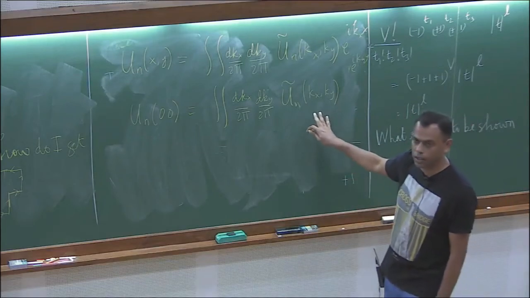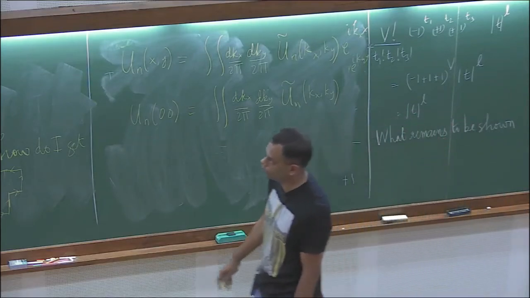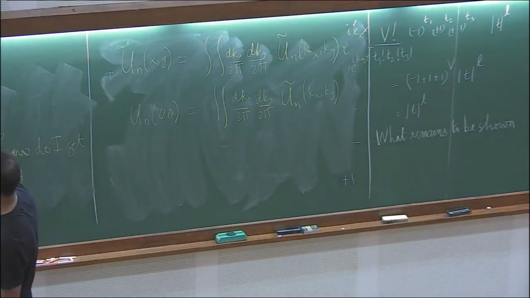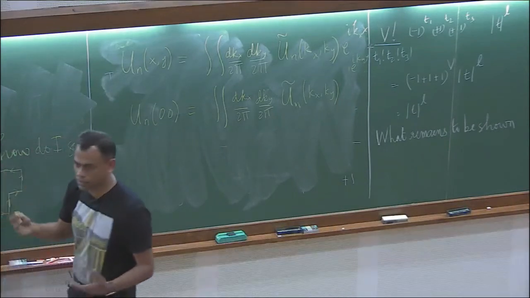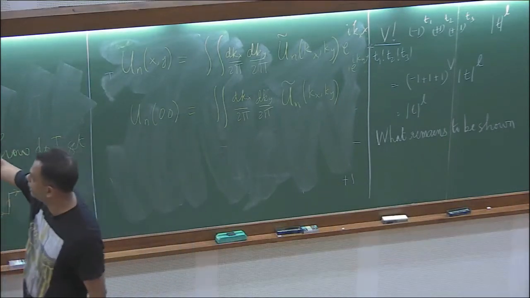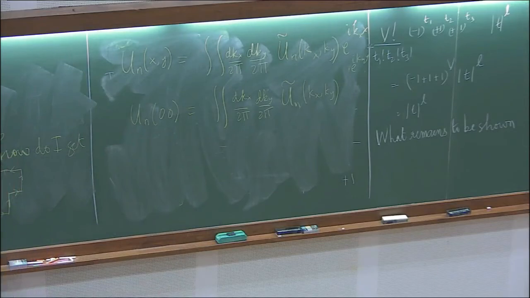But un tilde of xy, I know what the answer is. It is Tm, the first term in the Tm into psi n minus 1. But I want to get exactly un 0,0. How do I get that?